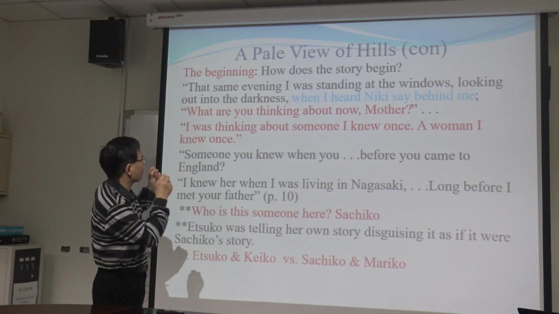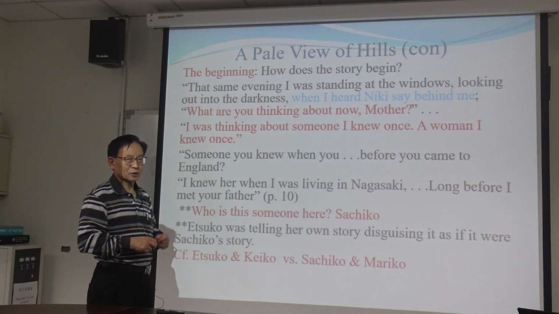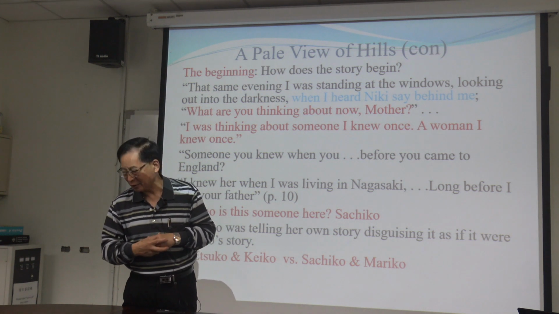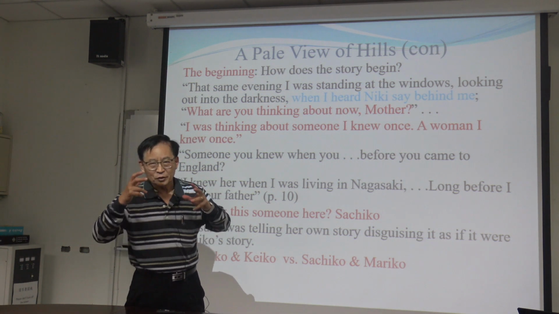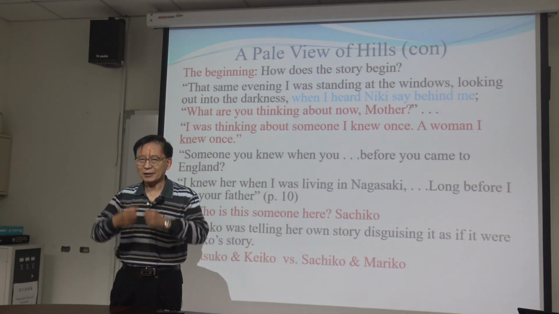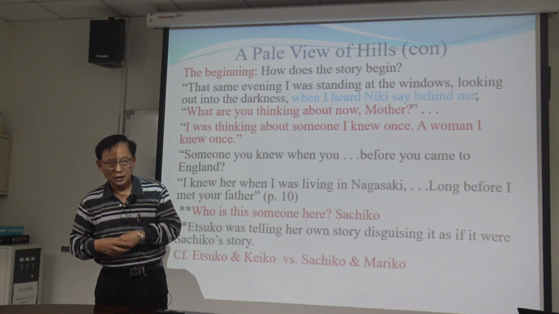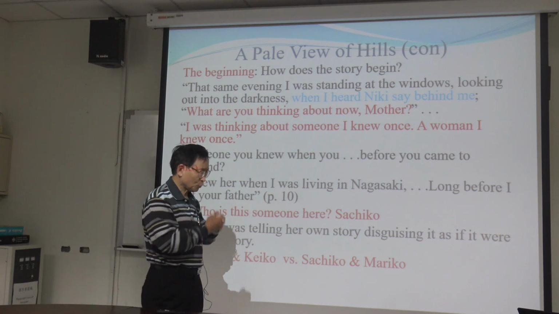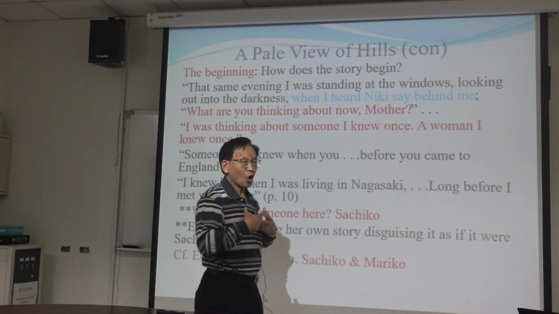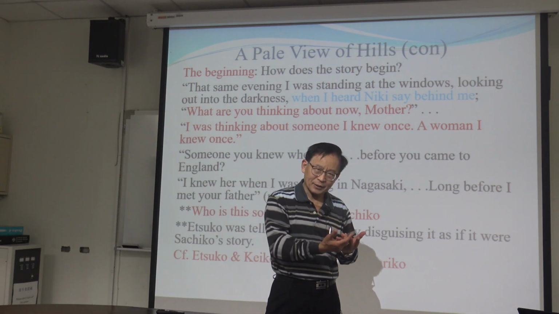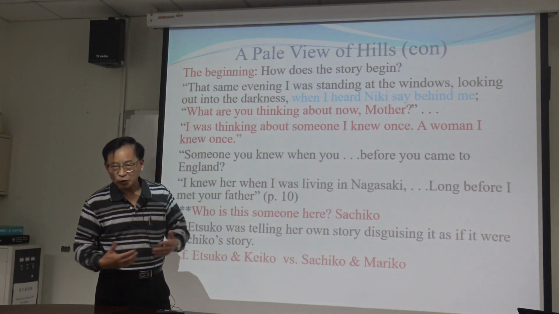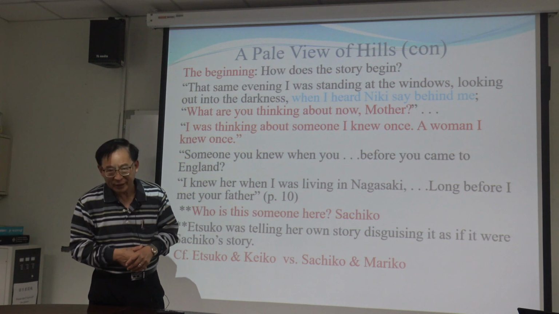And don't forget, A Pale View of Hills is Ishiguro's very first novel. So perhaps by using his own city, the city he was born in, as the setting of the novel, the author Ishiguro perhaps is trying to pay homage, pay respect to the city where he was born. This could be one good argument for you to make.